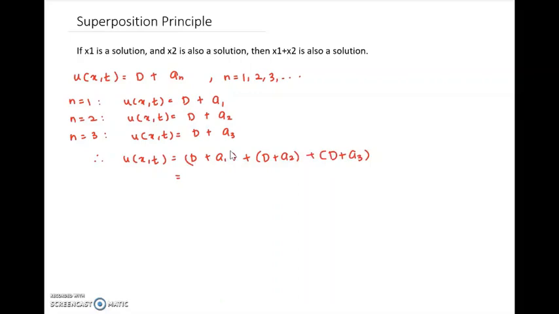So we can write 3D plus a1 plus a2 plus a3. Here 3D is just a constant, so I can just write it as D, or use another constant, F for example, but it is okay to remain as D because 3 times D is still a constant.